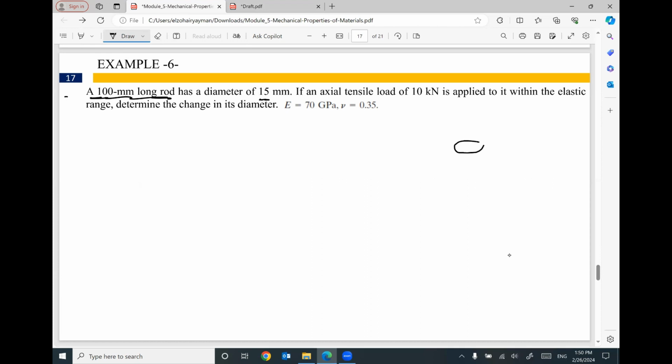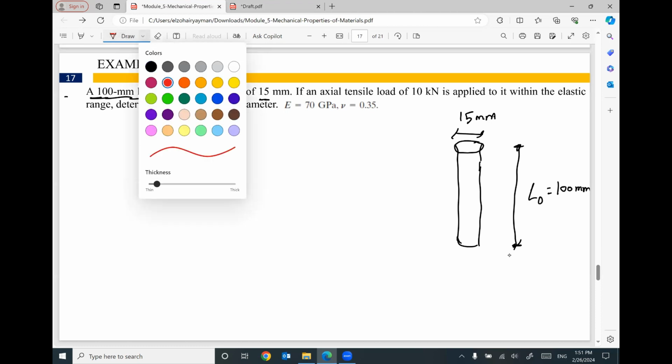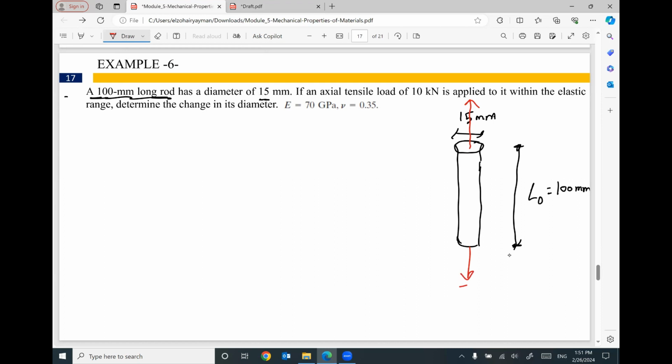So this rod with a diameter equal 15 millimeter and original length L naught equal 100 millimeter is under the effect of tension force equal 10 kilonewton. And this force will apply stress in the elastic range. We need to figure out what will be the change in the diameter.